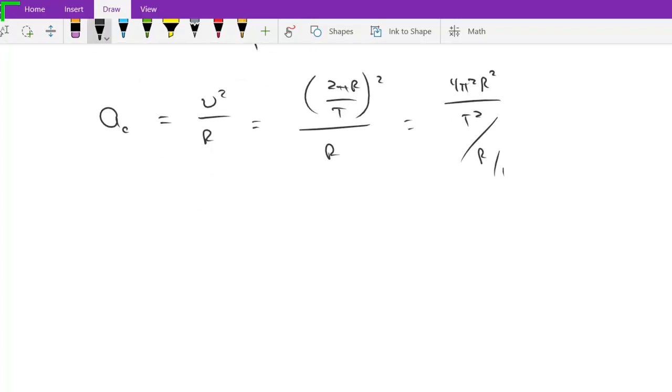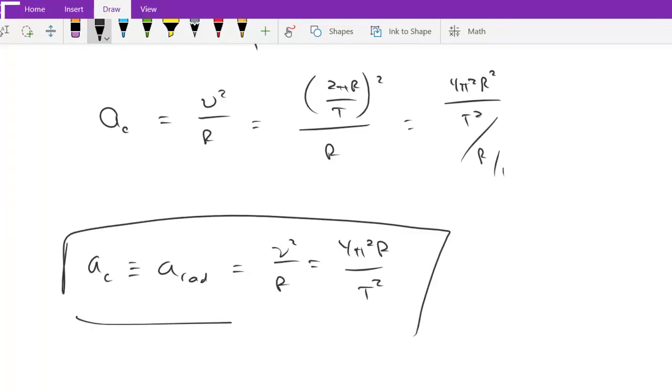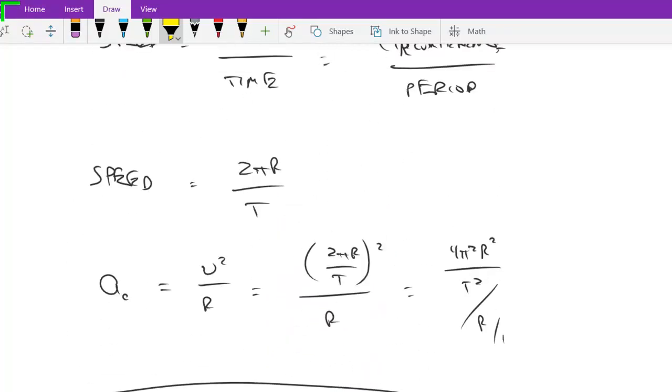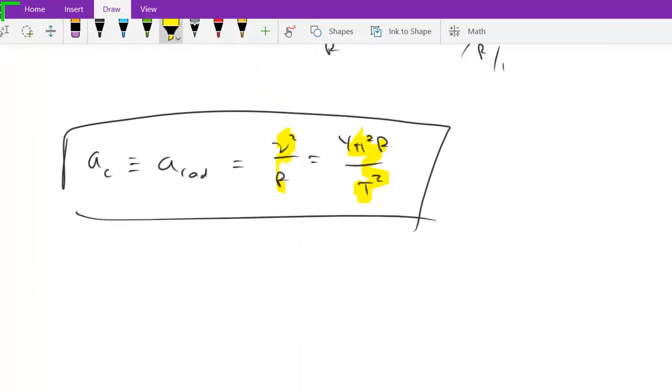And so what this reduces down to, our centripetal acceleration, which is the same thing as the radial acceleration, is equal to v squared over r, or 4 pi squared r over T squared. These are all true. Dependent on if we're given the speed and the radius, we can use this one. If we are given the period and the radius, we can use this one. Or you can always find the speed, go back to here and plug it into v squared over r, that's fine too, but this is more straightforward. Most of the work is already done for you there.